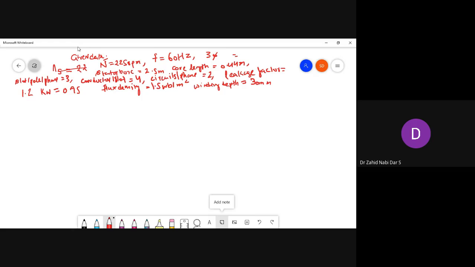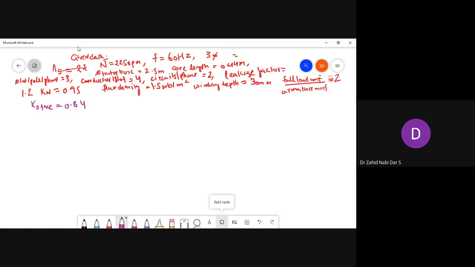And a ratio of full load mmf to armature mmf is also given, and this is equal to 2. This is the data that has been given. And field winding space factor, that is your space factor of the field winding, is given as 0.84.